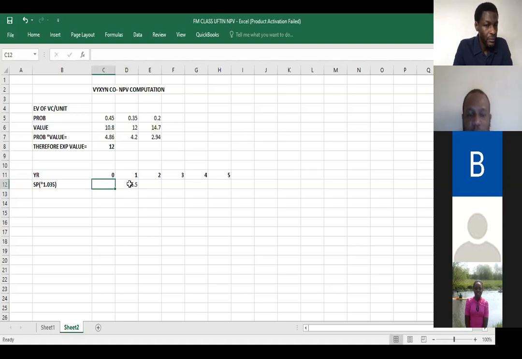So we can do, sorry, is equal to 26.5 multiplied by inflation of 1.03.